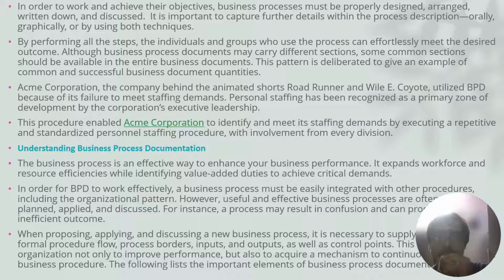It is important to capture further details within the process description, orally or graphically or using both techniques. So that is the identification of the process. By performing all these steps, the individuals and groups who use the process can effortlessly meet the desired outcomes.